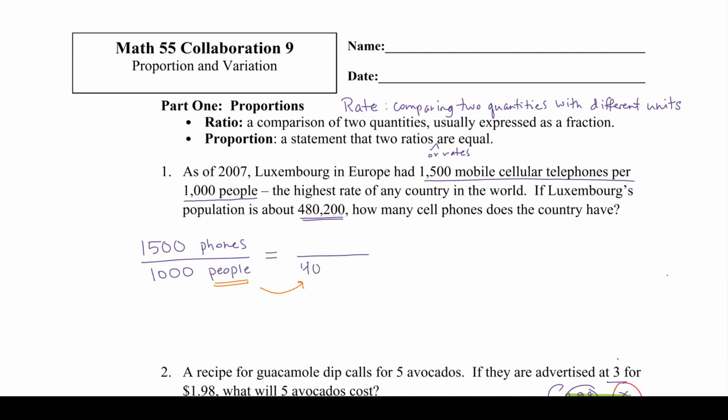So let's put that in there. 480,200 people. And then the question, how many cell phones does the country have? Well, phones is on top and we don't know. So let's let that be our variable, our unknown. Call it X, call it P if you want to. Whatever letter you choose, it does not matter.